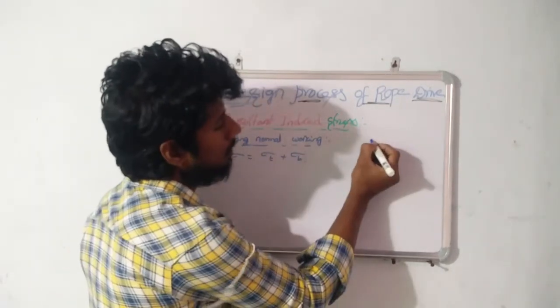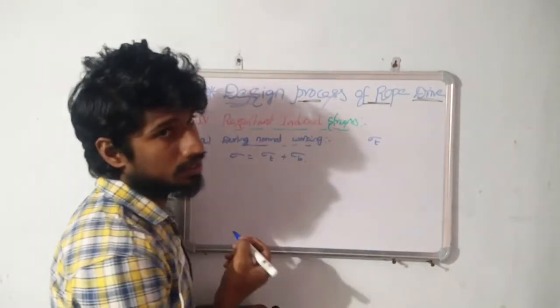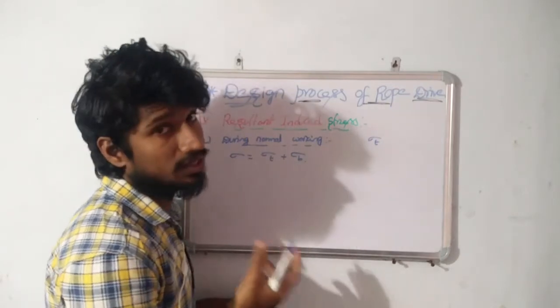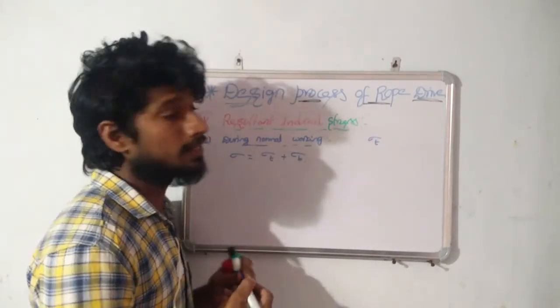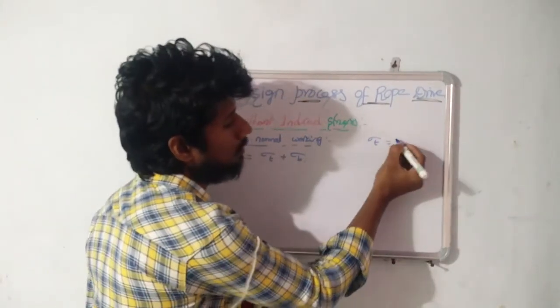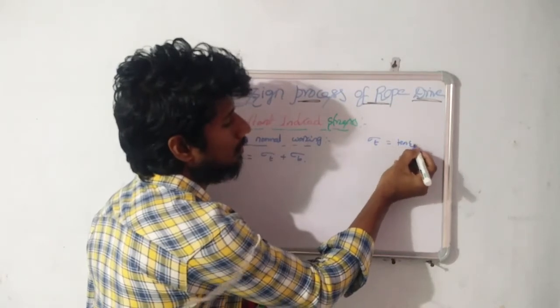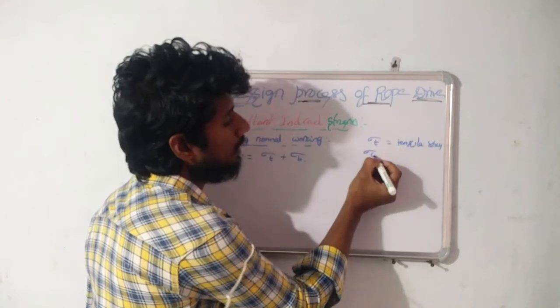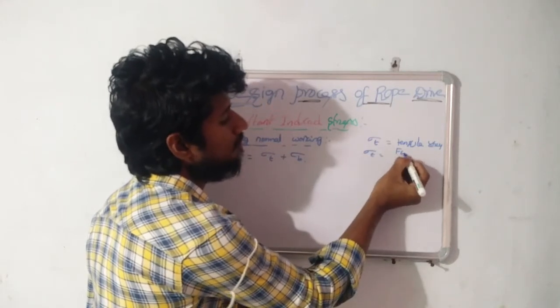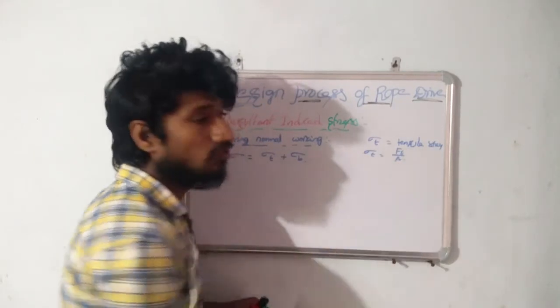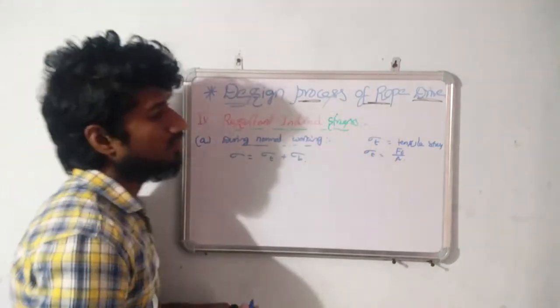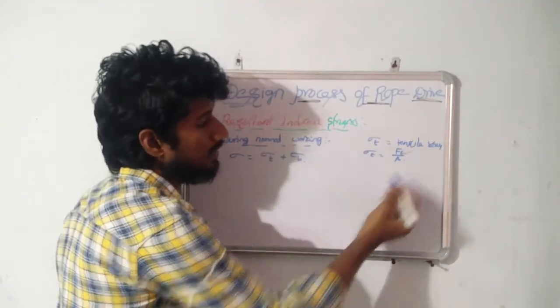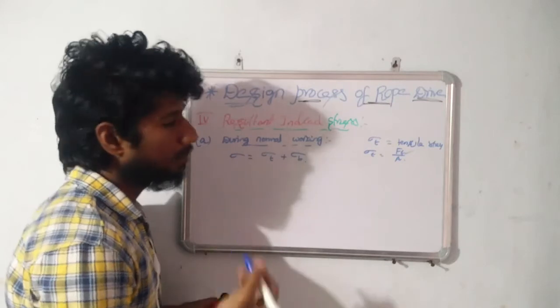Let's see how we are going to find out the sigma t. First of all, sigma t is the tensile stress. So sigma t equals Ft by area of the rope. So this is the formula. Here we know Ft, we already derived it in the previous step.